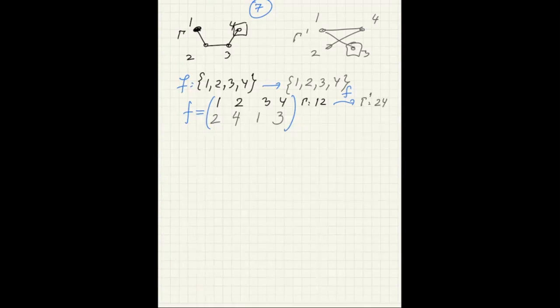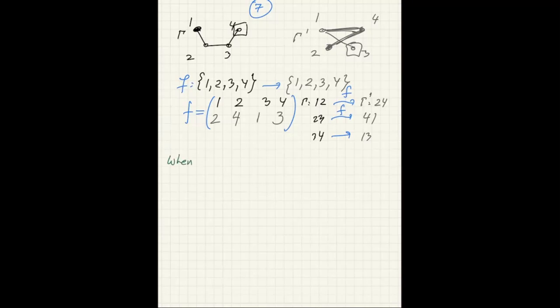So that's 2, 4, which is an edge. We see it here. And you can do the same thing for the others. 2, 3, under this map F in gamma prime, becomes 4, 1, which is here. And the last one is 3, 4. 3, 4 gets mapped to 1, 3. So this is an isomorphism.